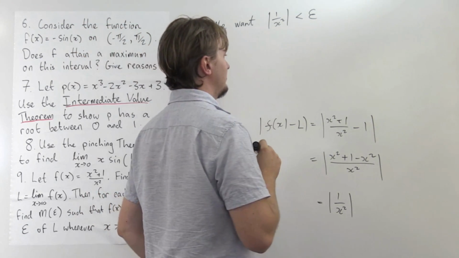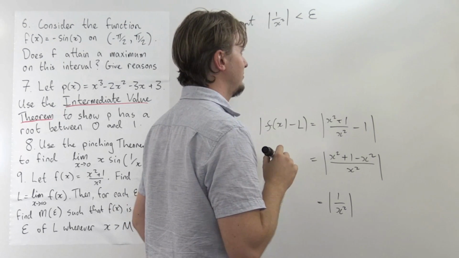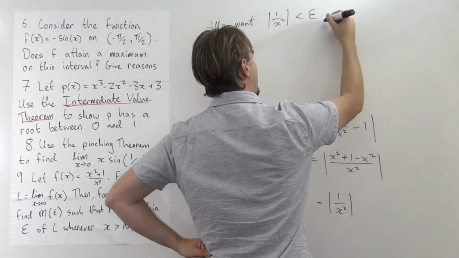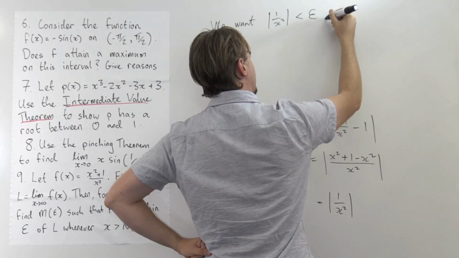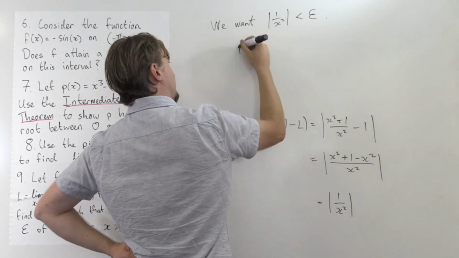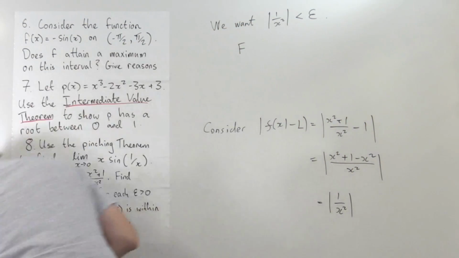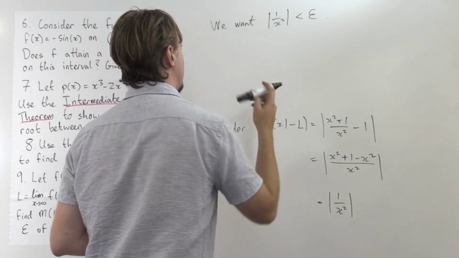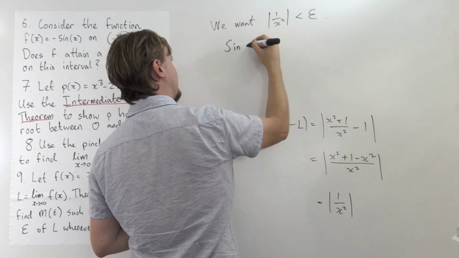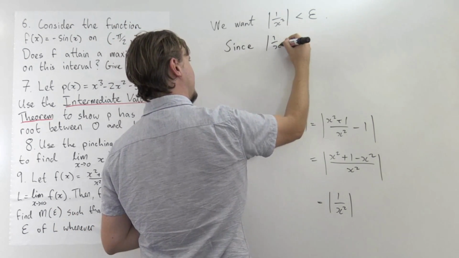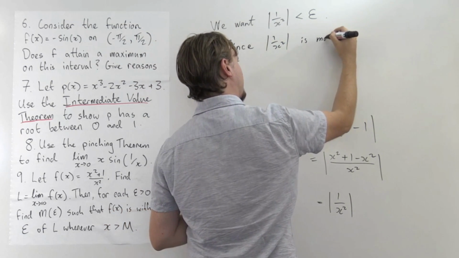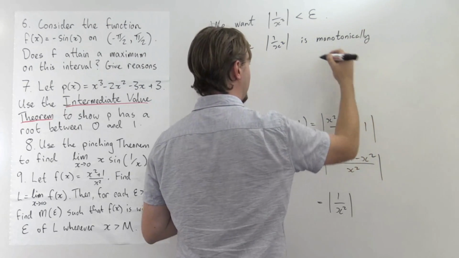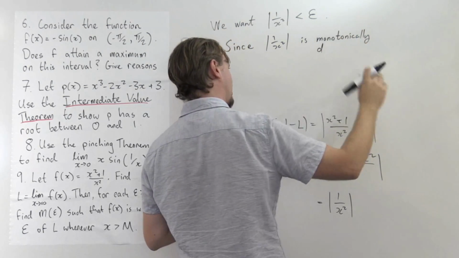So yeah, I can see why we need to introduce the m. I'll just say it this way. So since 1 over x squared is monotonically decreasing, that's what the word monotonically means, just always decreasing.